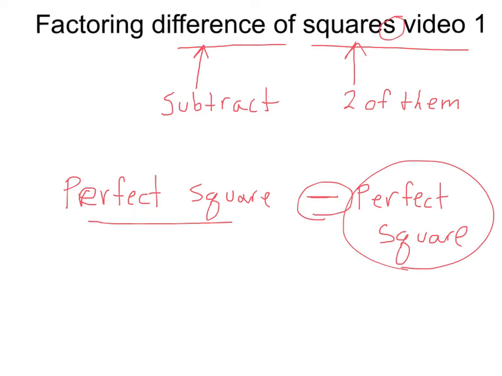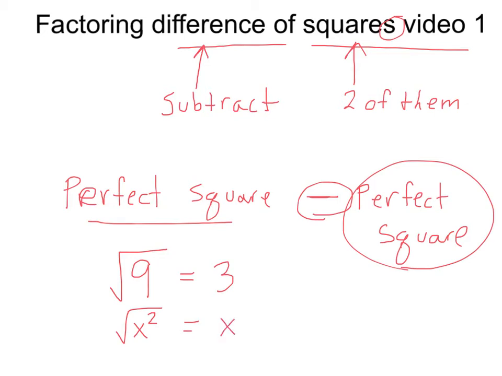Now, let's talk about what it means to be a perfect square. All right? So, is 9 a perfect square? Yes. Here's why. The square root of it is a whole number. What's the square root of 9? 3. Because the square root of 9 is a whole number, that means that it is a perfect square. Okay? Is x squared a perfect square? Yes, because what is the square root of x squared?